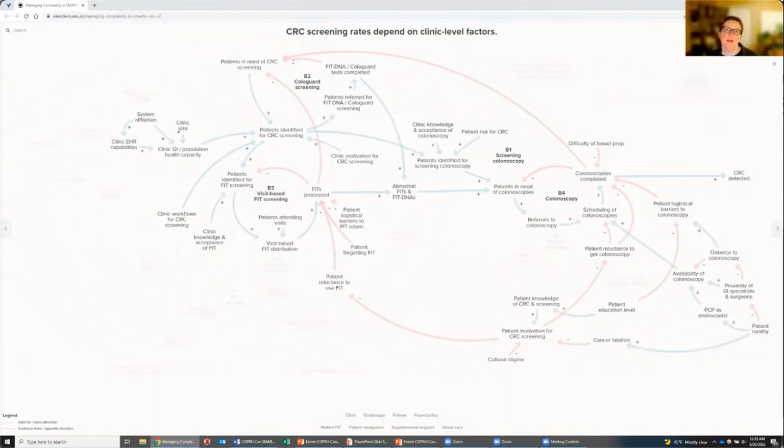So any of these screening methods will depend on clinic level factors such as technical capacities and staff roles allocated to quality improvement or population health initiatives. Smaller, independent, and rural clinics tend to have fewer resources in this regard.